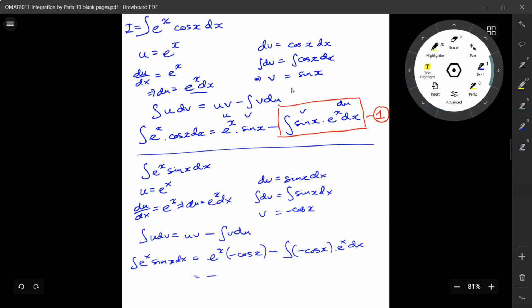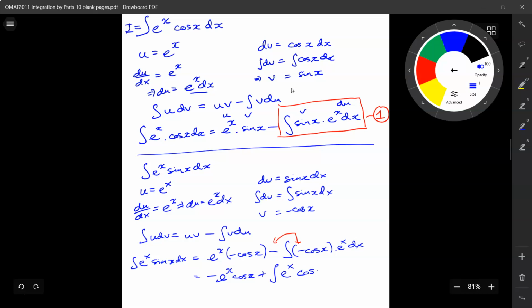If I tidy this up, I bring the minus to the start, so it's minus exponential x cosine x. We have a minus and a minus here, and minus multiplied by minus gives me a plus. Here we have the integral, and I just swap the order of these around: exponential x cosine x dx.